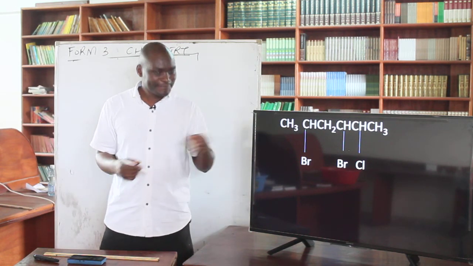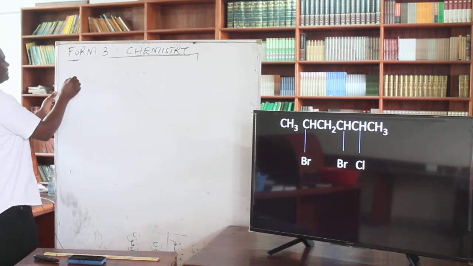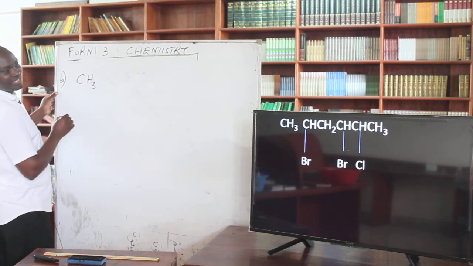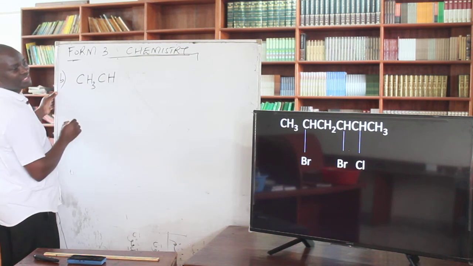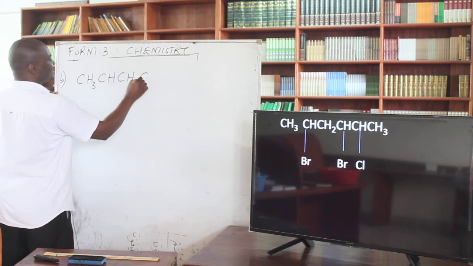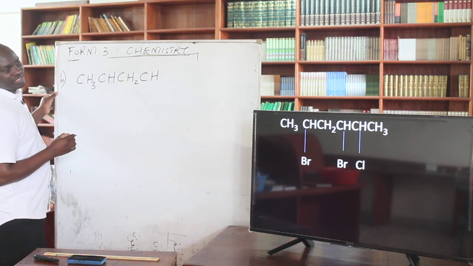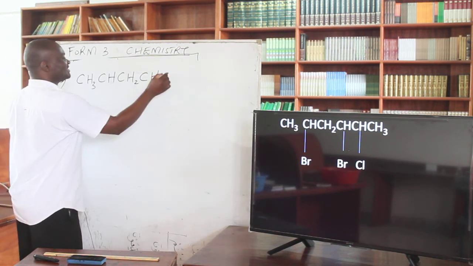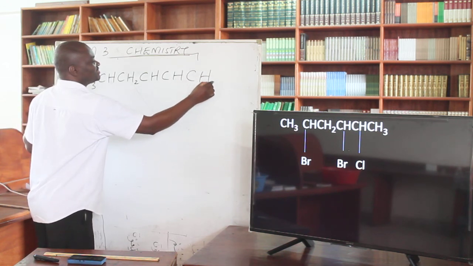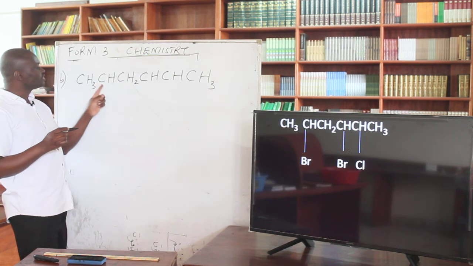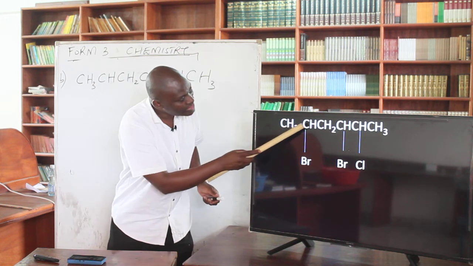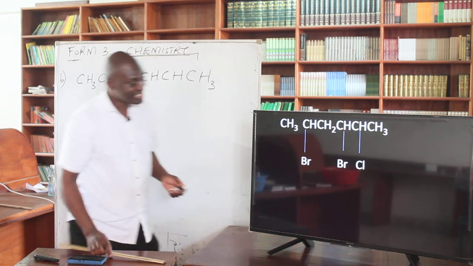So we have CH3, then C, then CH3, then CH, then CH2, then CH, another CH, and then CH3. I hope I have all the carbons: 1, 2, 3, 4, 5, 6. Let me confirm. 1, 2, 3, 4, 5, 6. I'm okay.